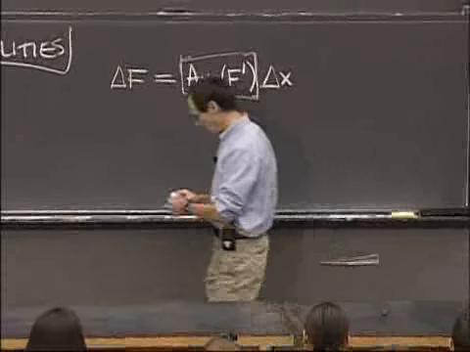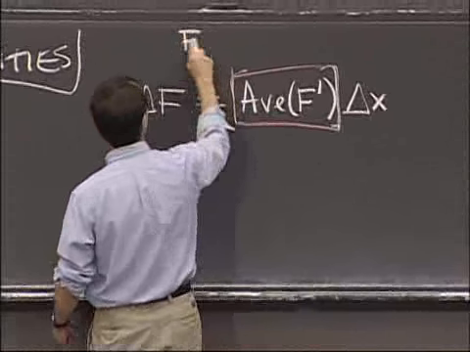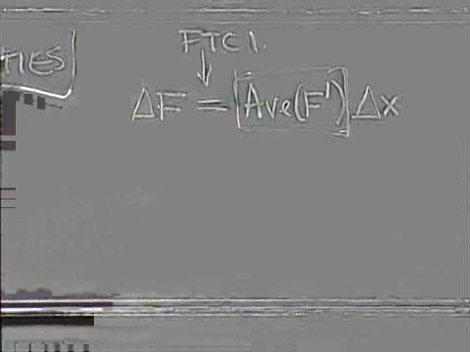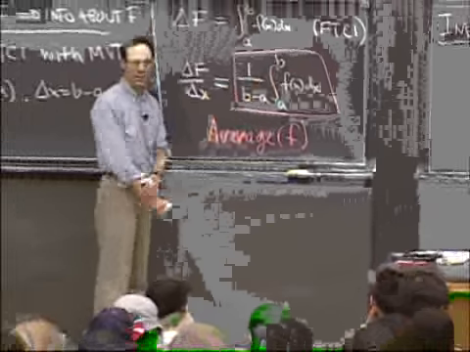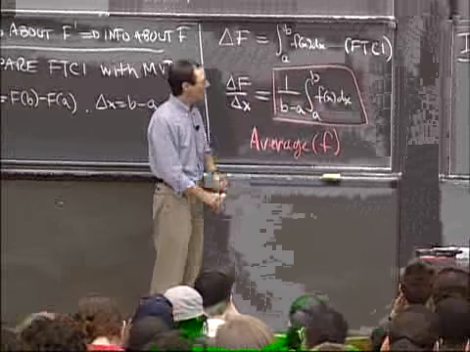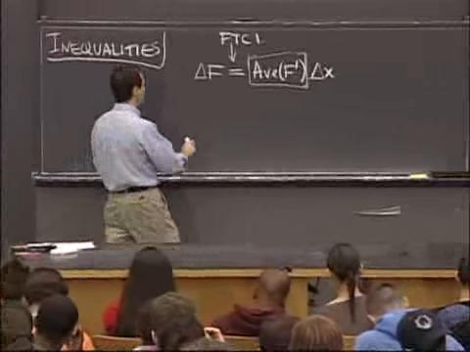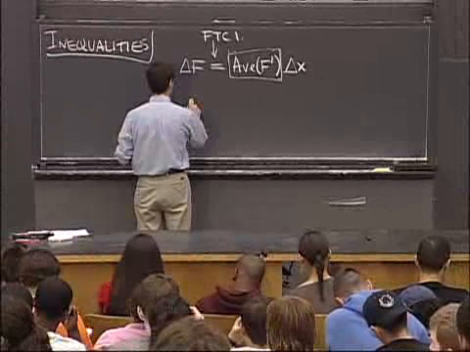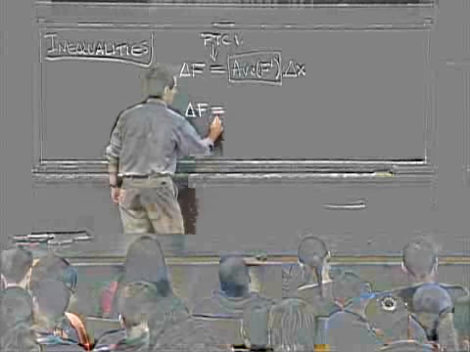So this is the statement of the fundamental theorem. Just rewritten, exactly what I wrote there, but I multiplied back by delta x. Now, let me compare this with the mean value theorem. The mean value theorem also is an equation.